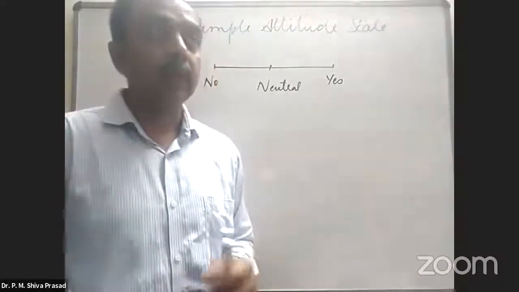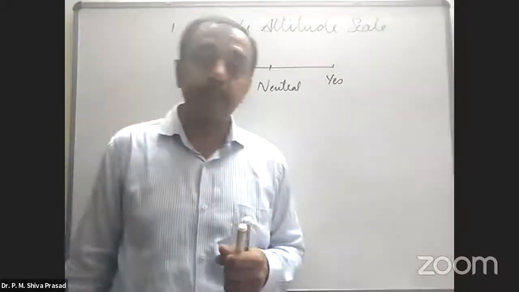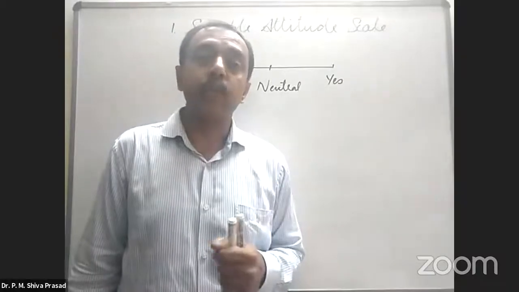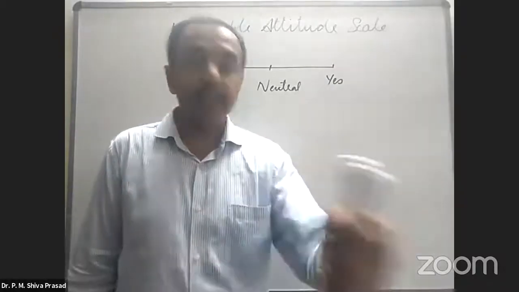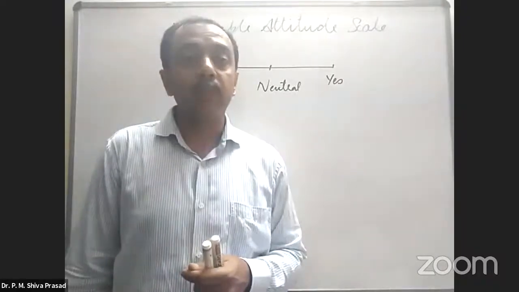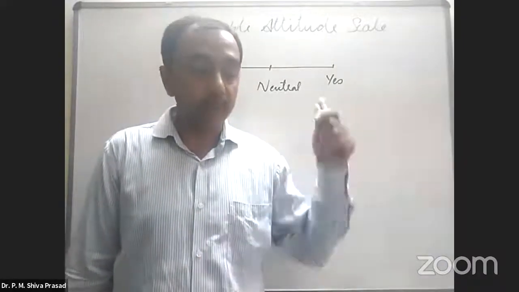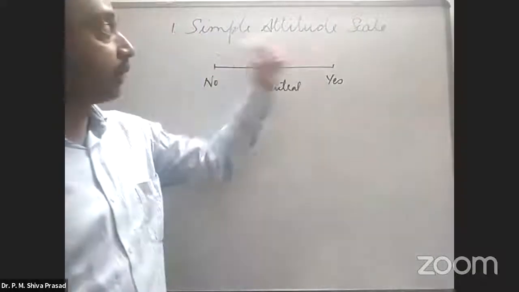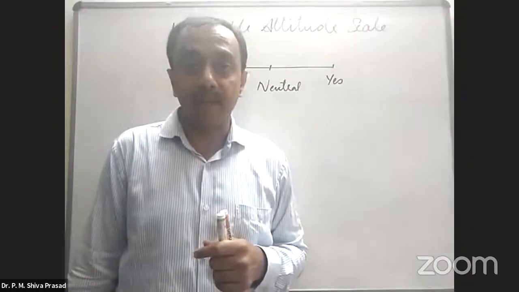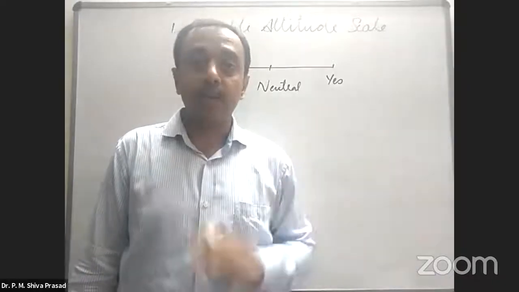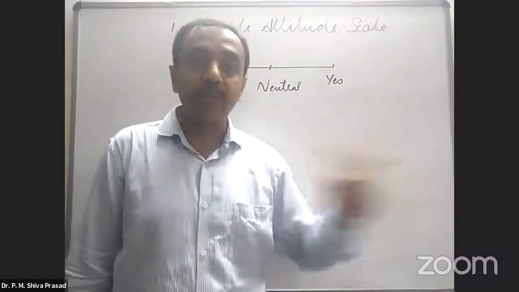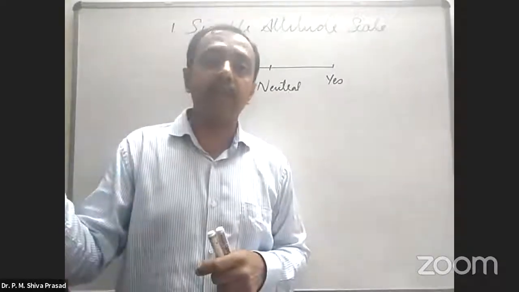For example, if you want to know the customer satisfaction towards a college canteen, you can use the simple attitude scale. Have you visited the college canteen? Yes or no? If yes, then answer part A. If no, then answer part B.